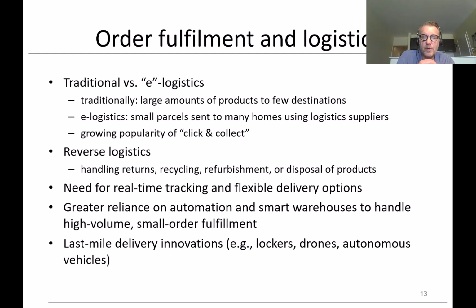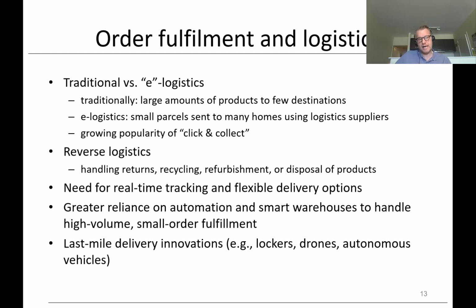We also see a growing popularity of click and collect, especially with supermarkets. Many people nowadays, when they have to do their grocery shopping, go online to the supermarket website, do their shopping, make their market basket online, click, click, click, add to market basket, and then go and collect it in the physical world, at the supermarket.